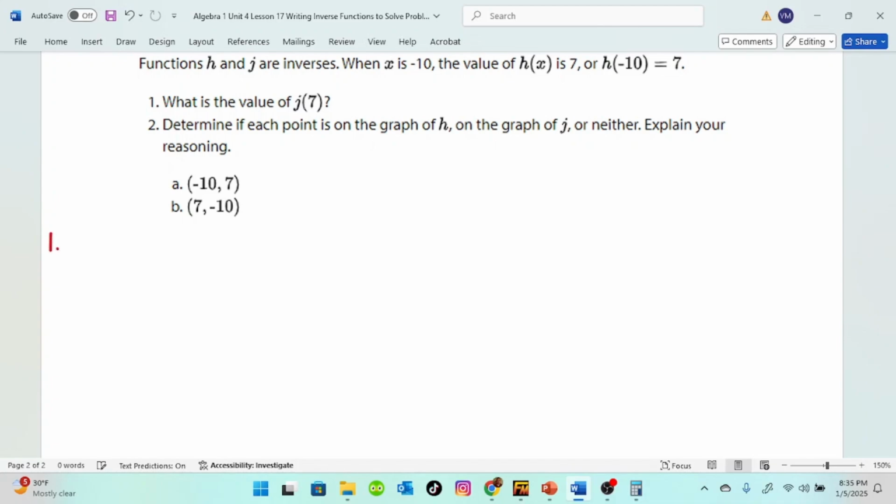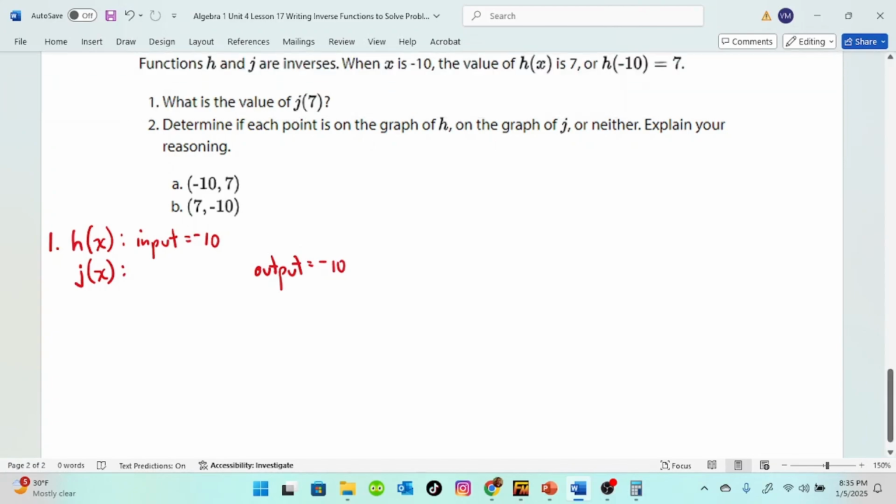So to diagram that, if I have h of x and the input equals negative 10, then on j of x, the output would equal negative 10.